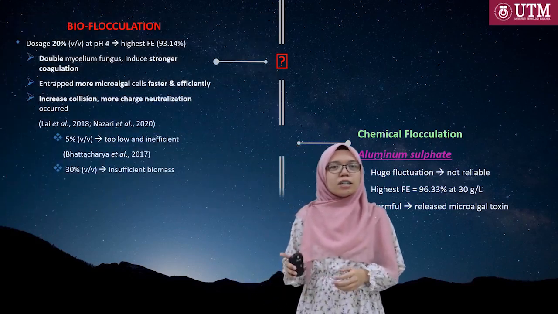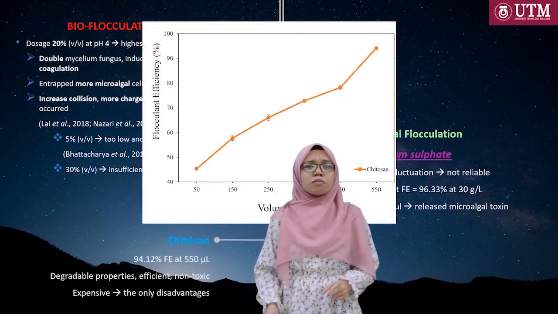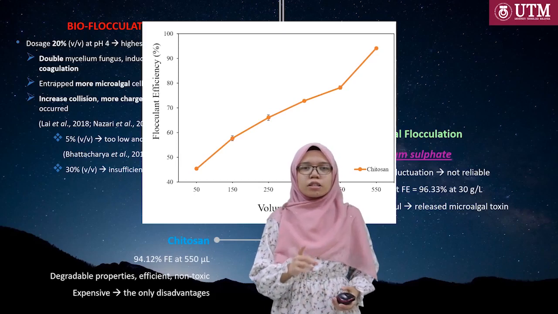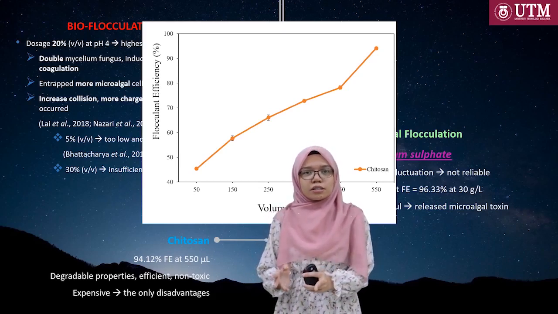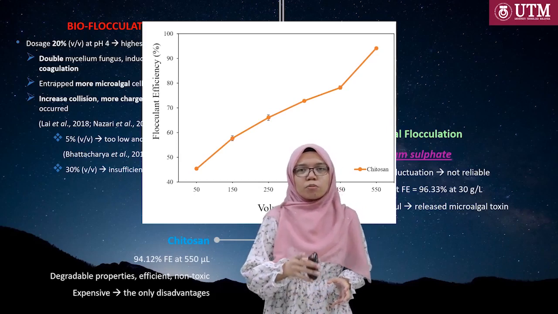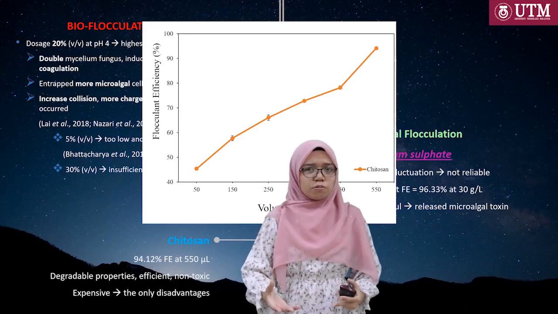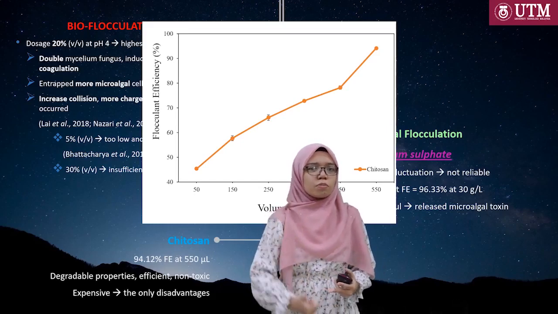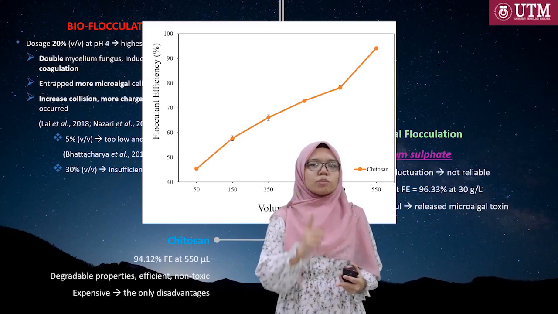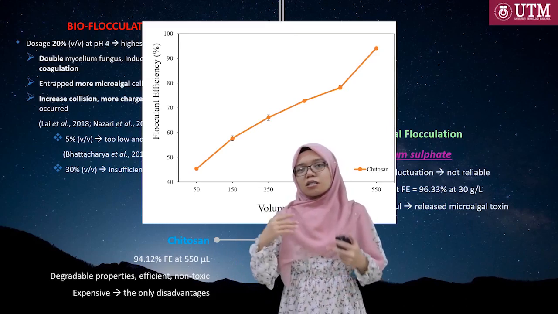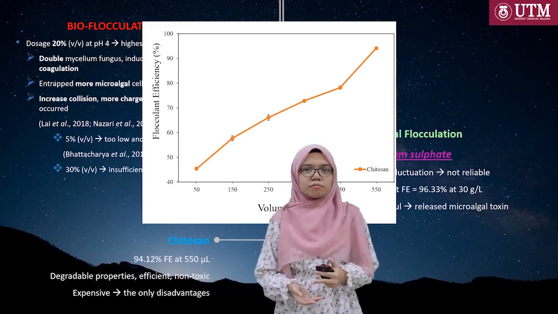The next chemical is chitosan, achieving slightly lower than aluminum sulfate at 550 microliters, which is the highest concentration tested. It achieved 94.12% efficiency. It can be considered a good flocculant due to its degradable properties, efficiency, and non-toxicity, but it is expensive, making it not a good flocculant on a large scale.